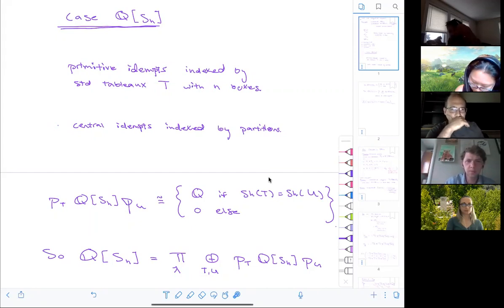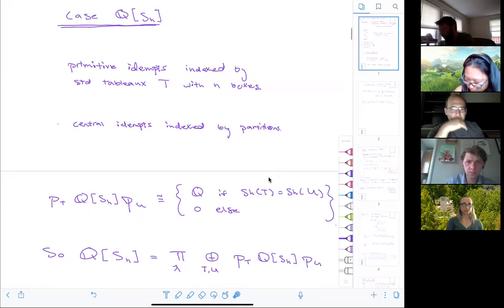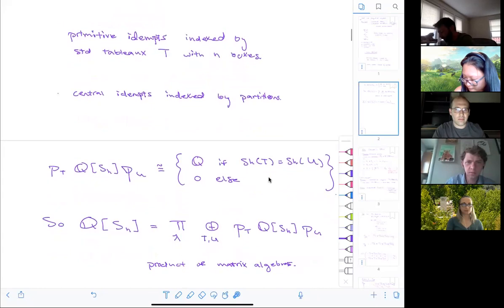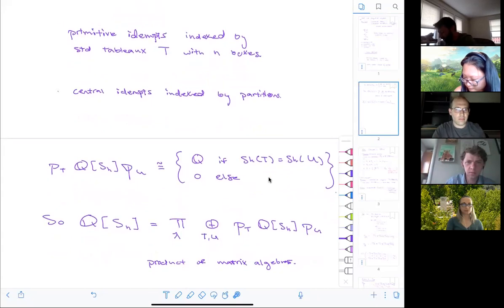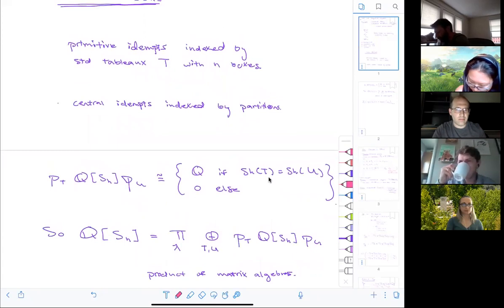For each partition there's a central idempotent, and that central idempotent decomposes further into primitive idempotents according to the number of fillings of the Young diagram of that partition. We'll denote the primitive idempotents by P sub t and the central idempotents by E sub lambda.